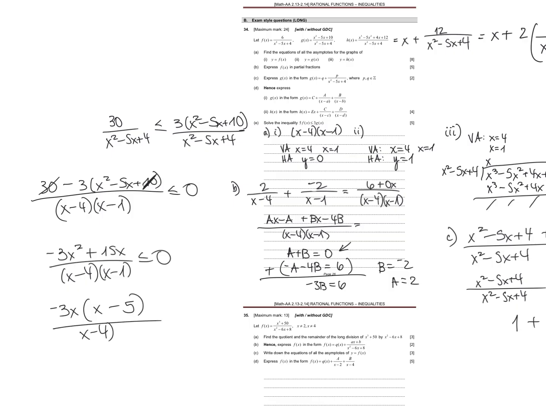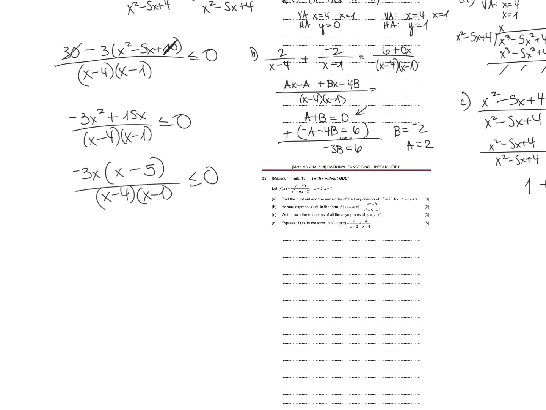So now we have several zeros. We have 0, 1, open circle 1, open circle 4, closed circle 5. So negative 1, 1/2, 2, 4.5, 6 into this thing.